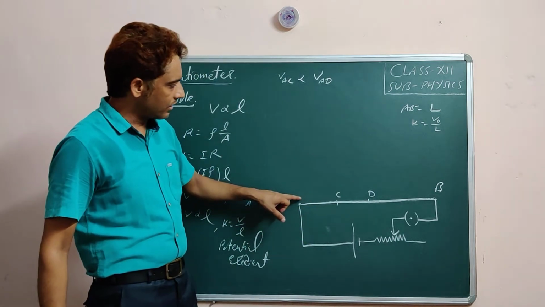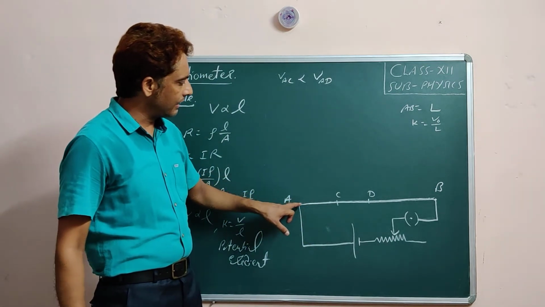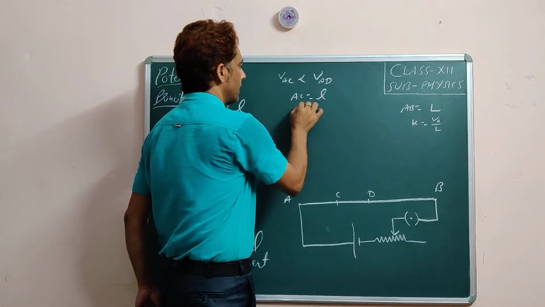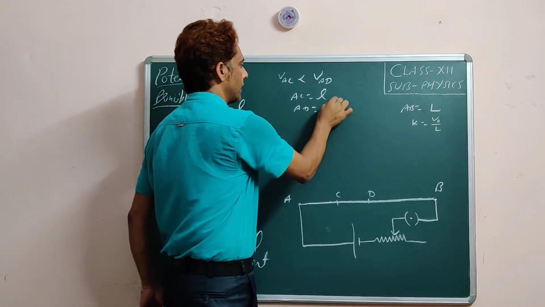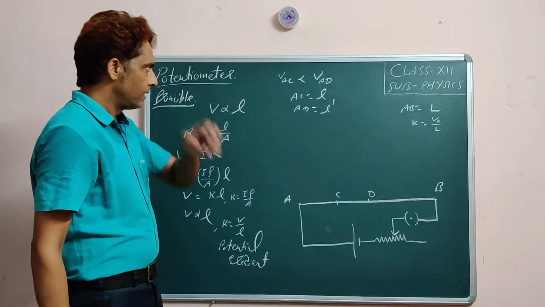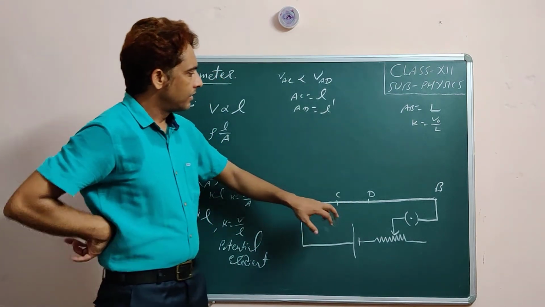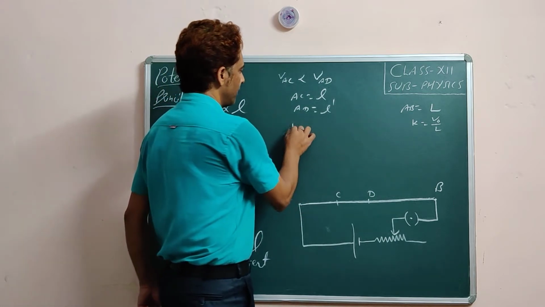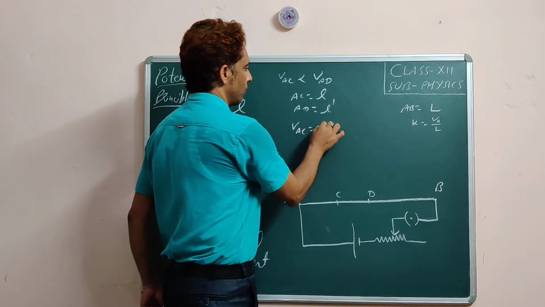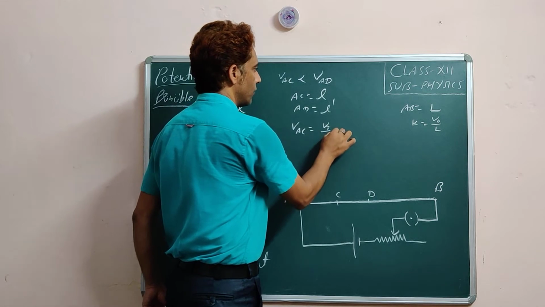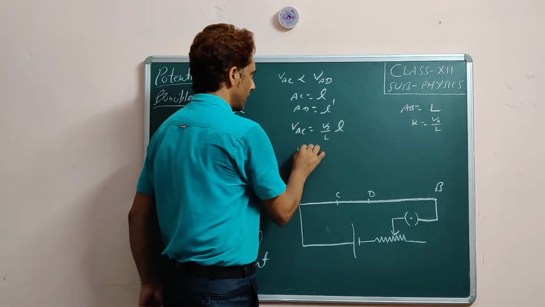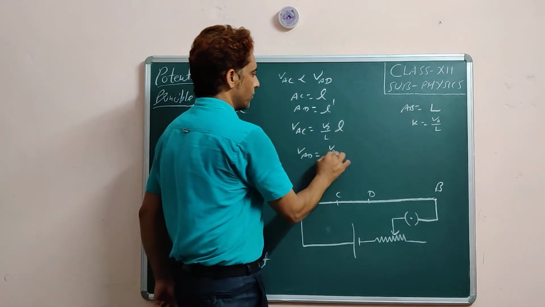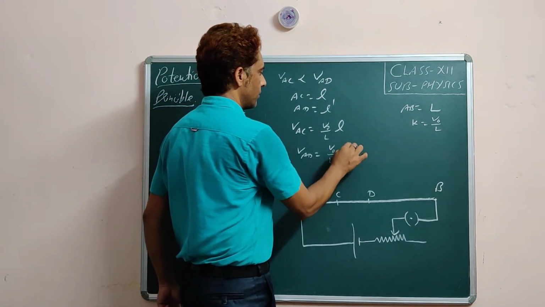So if AC is equal to L and AD is equal to L dash, then we can write VAC equal to V naught over L into L, and VAD is equal to V naught over L into L dash.